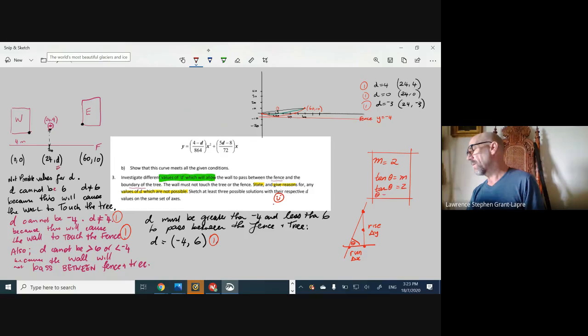Therefore, theta will be inverse tan of 2. Pick up the calculator and shift tan 2. It's approximately 63.4 degrees. Bit of geometry.